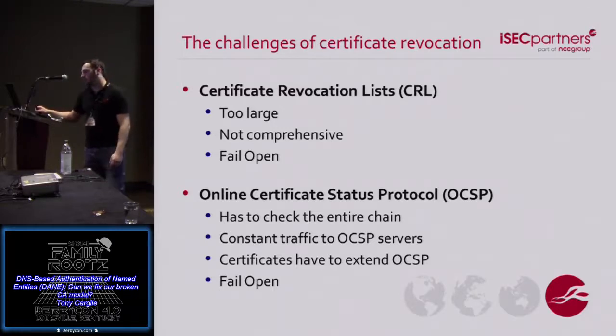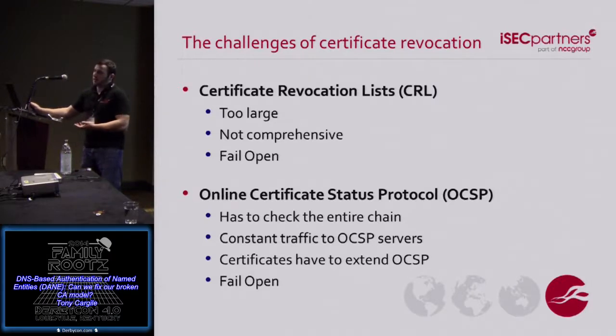And similarly, OCSP is more of an online way of whenever a client receives a certificate, they're able to go on, make a request and see if the certificate has been revoked. But the problem is that it has to check every single certificate, and also it's all online, so no offline validation. And if you take down one of those OCSP servers, it's got to fail open.